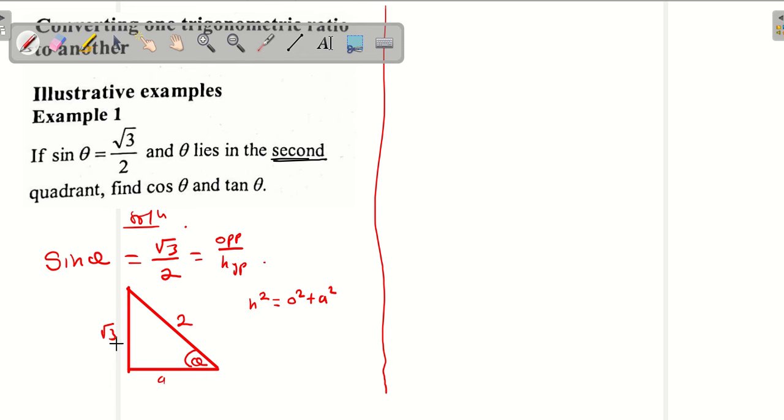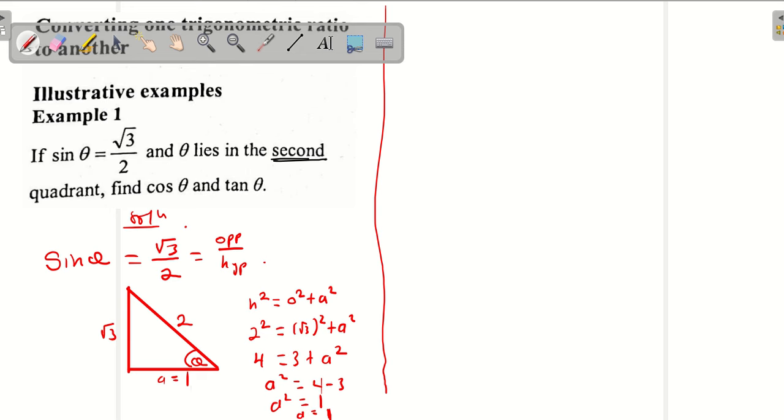Our hypotenuse is 2, so 2 squared equals root 3 squared plus adjacent squared. 2 squared is 4, root 3 squared is 3, so adjacent squared is 4 minus 3, which is 1. Therefore, the adjacent is root 1, which is 1.